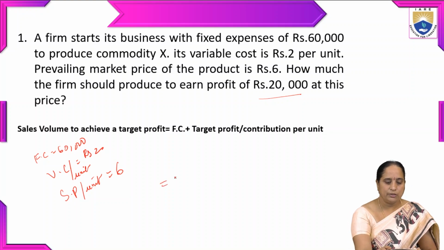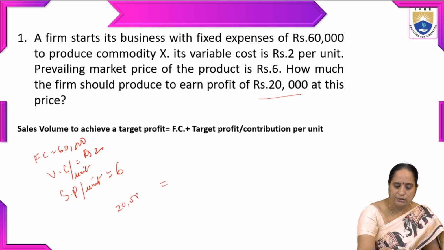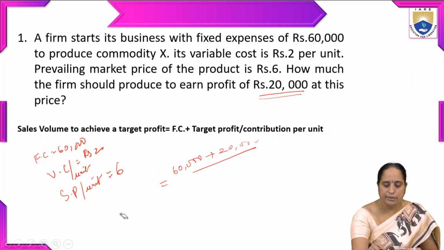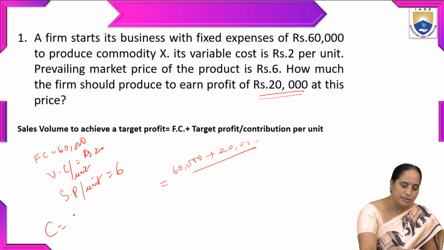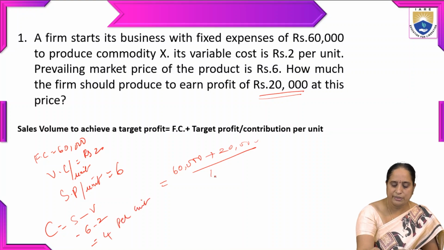Sales volume is equal to fixed cost 60,000 plus target profit 20,000 divided by contribution per unit. Contribution per unit is nothing but selling price minus variable cost, 6 minus 2, which is equal to 4 rupees per unit. So divided by 4.